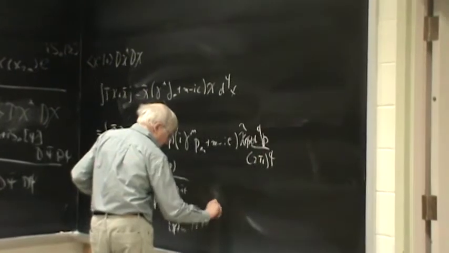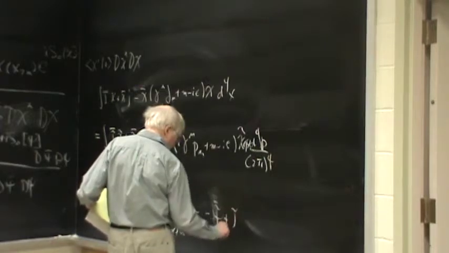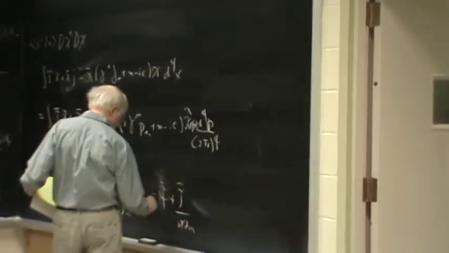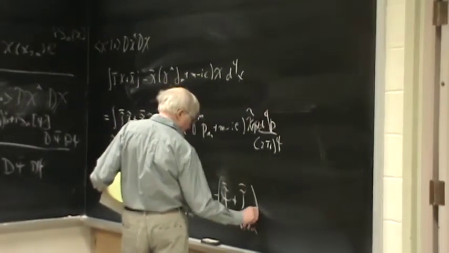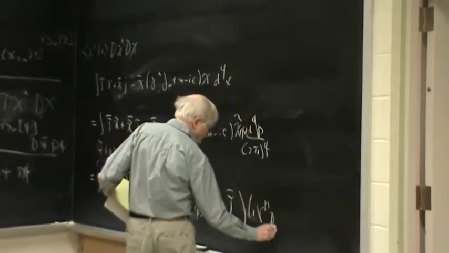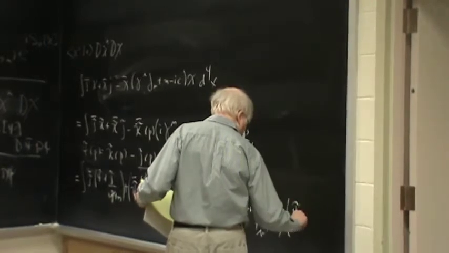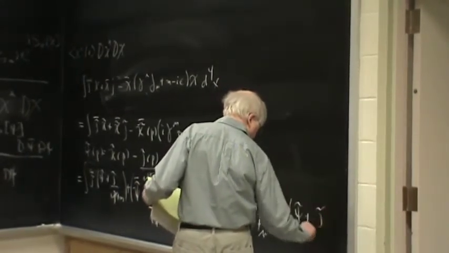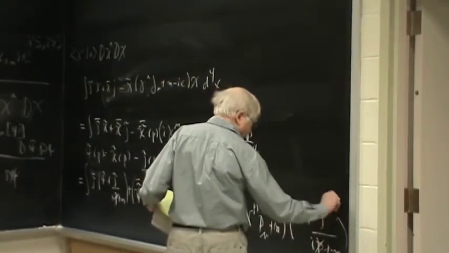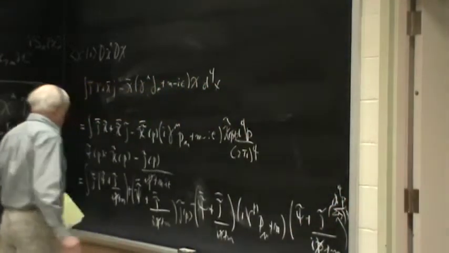So this is psi tilde bar plus j tilde bar over i p-slash plus m, and then i gamma mu p mu plus m, and now psi tilde plus j tilde over i p-slash plus m, times d4p over (2 pi) to the 4th. Okay, well, that's a little bit sloppy.